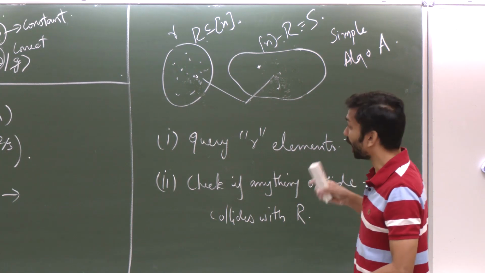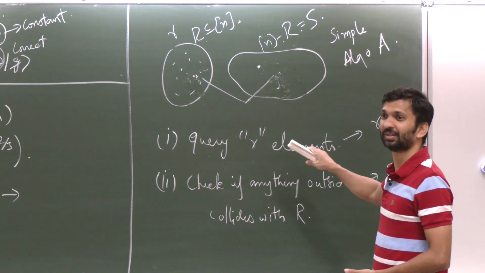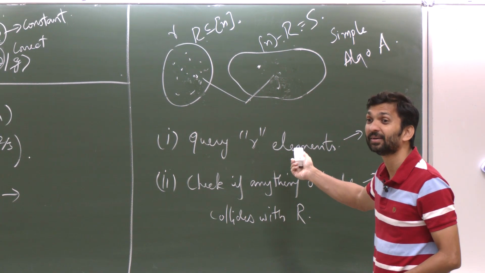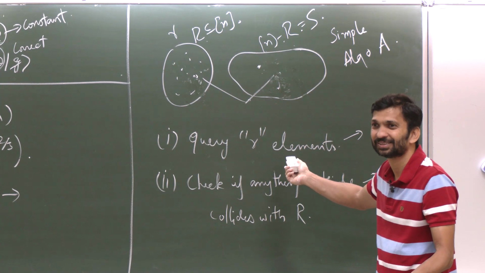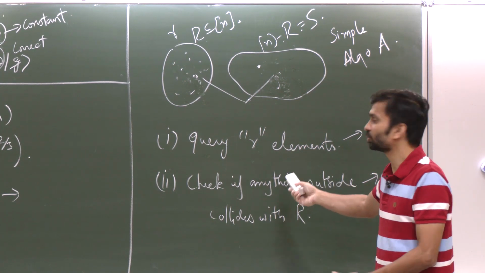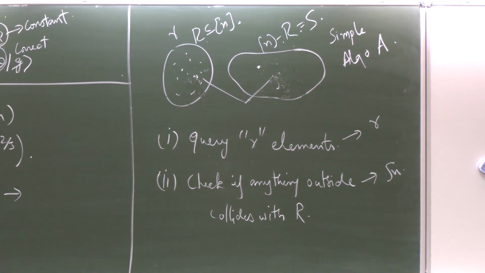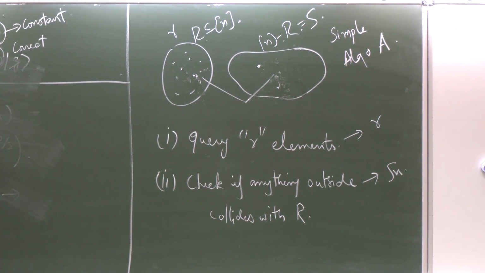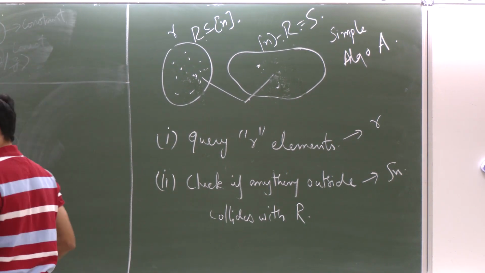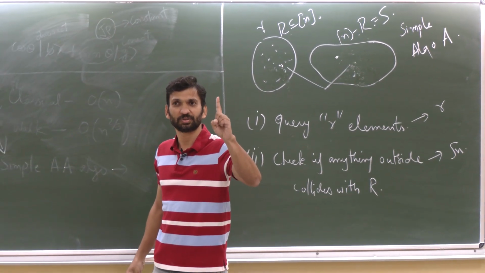Yes. So now I want to find out what is the success probability of this, right? And then I can apply amplitude amplification. Okay, so tell me what is the success probability of this? It's a simple question. The worst case would be when there is just one collision, right?